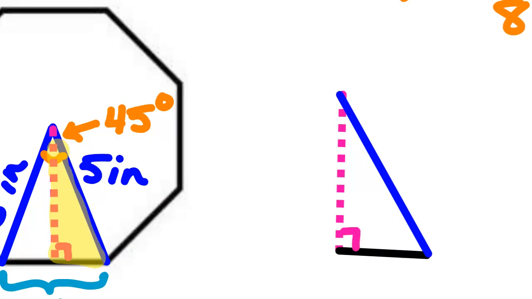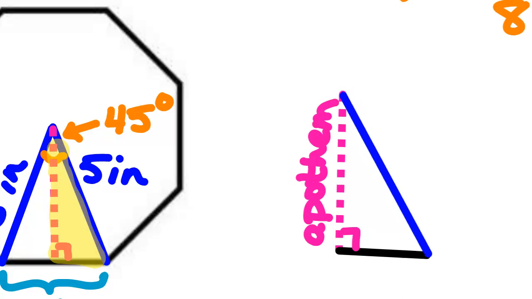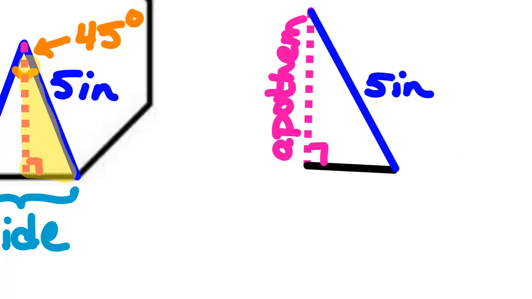All right, so here's my right angle. This is my apothem. The radius, which I have in blue here, is 5 inches. And this piece down here is half the side length of the octagon.